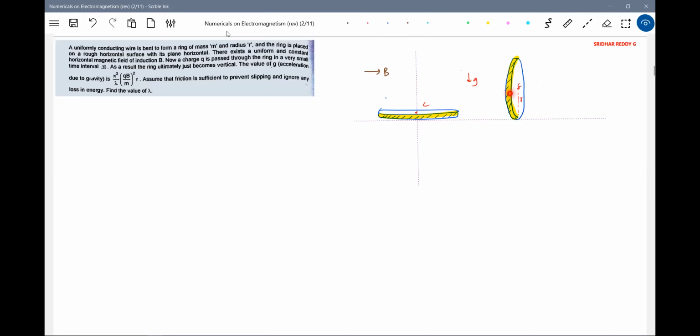If a charge Q flows, then Q by delta t will become current. So again, it's just idea generation. If a current I flows, then it will have a dipole moment. So how will the dipole moment M bar be directed? Like this.